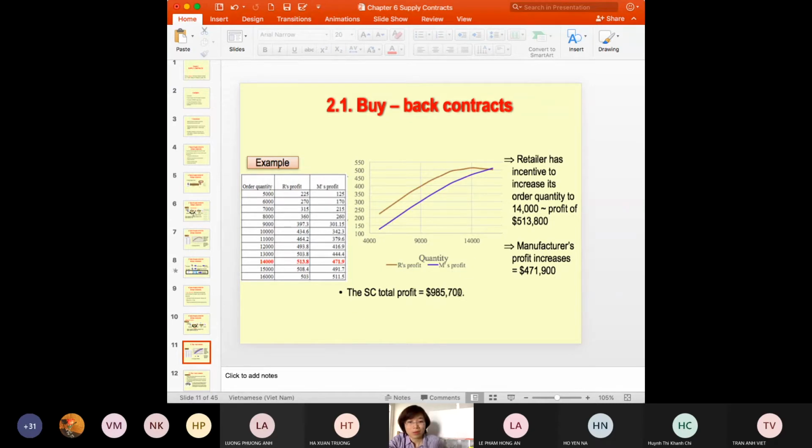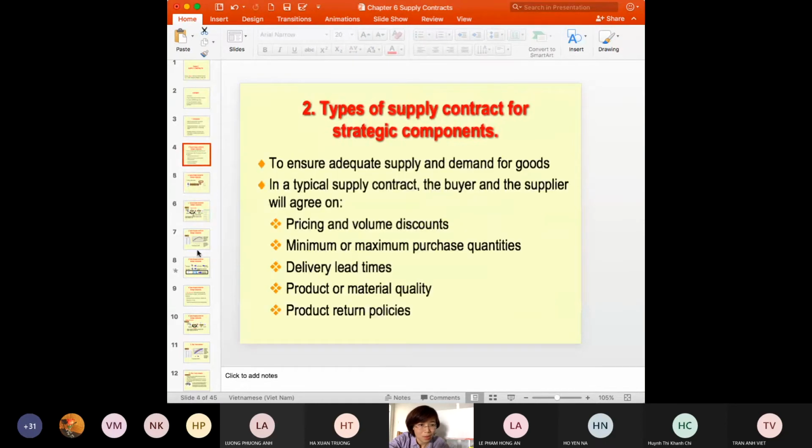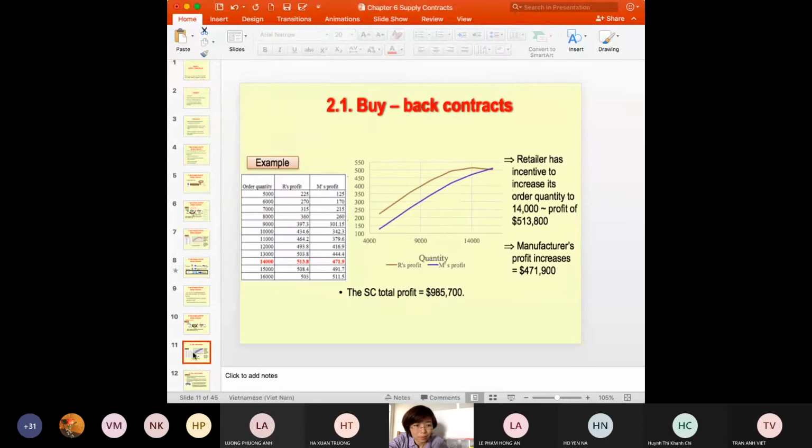In the previous case we get that number, but here when we compare, you can see the profit is increased. So we have the buyback contracts.